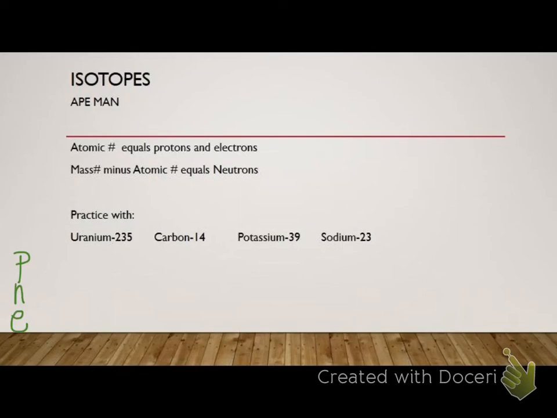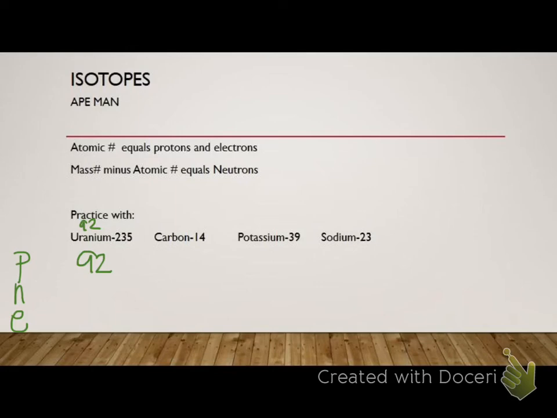Okay? So I look at my periodic table, and I see that the uranium has an atomic number of 92. So I would say it has 92 protons.